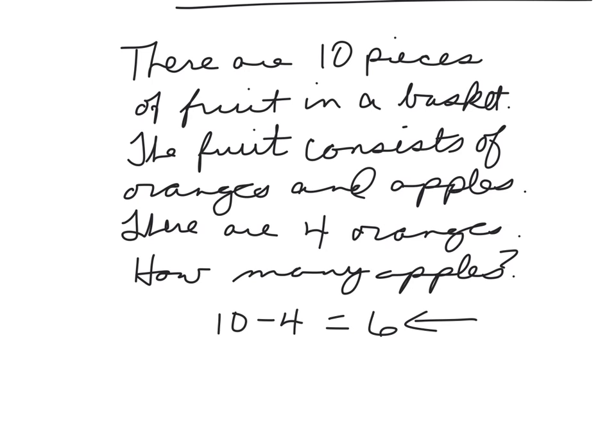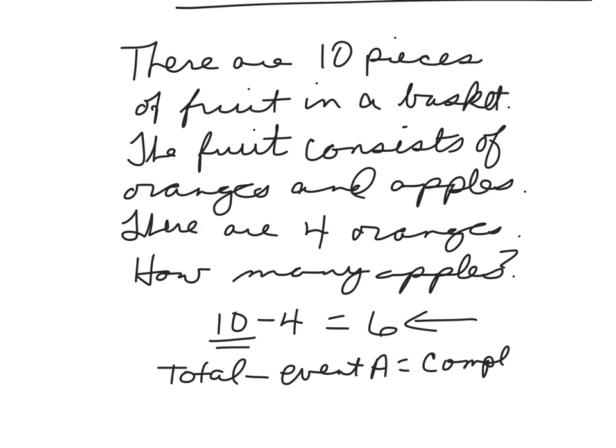If I take the total number of possibilities in a counting problem, and I subtract out what I'm going to call event A, event A here being oranges, then I have to end up with what I'm going to call the complement of event A. So what's a complement, Mr. Black? A complement of an event is anything else that can happen.